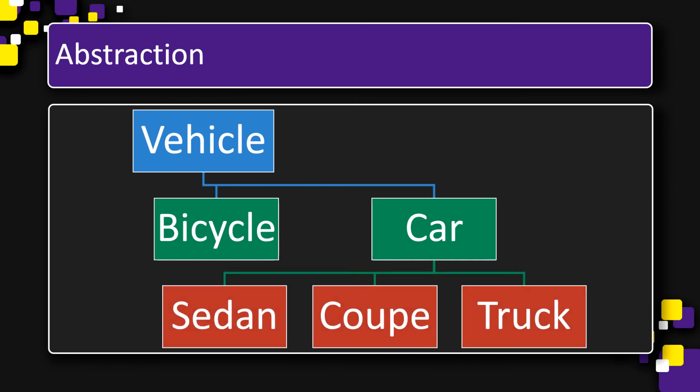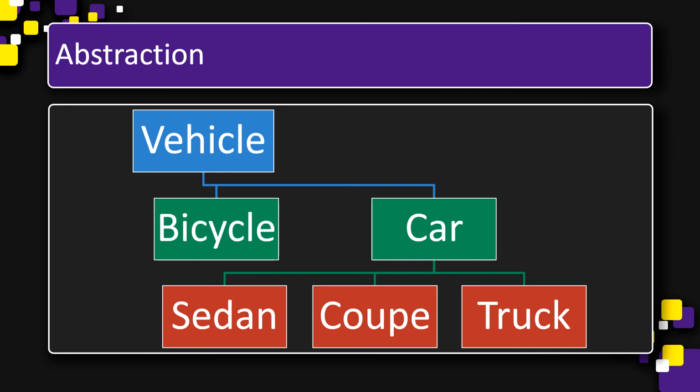Next, we might want to say different types of cars, such as a sedan, a coupe, or a truck, which inherit, again, properties from car, which also inherits from vehicle. That chain of inheritance is really important, so that we can inherit things from vehicle through car if we're, for example, a sedan.